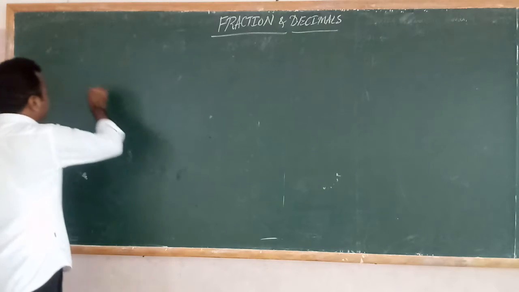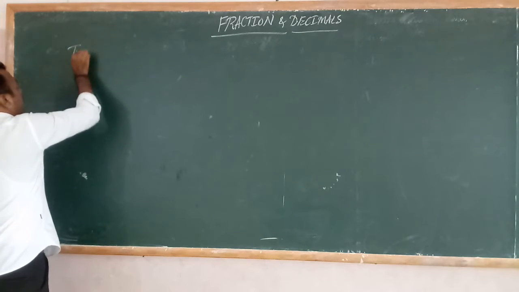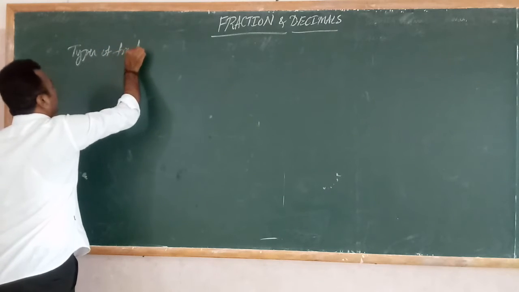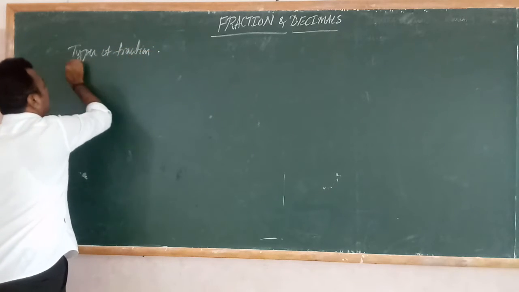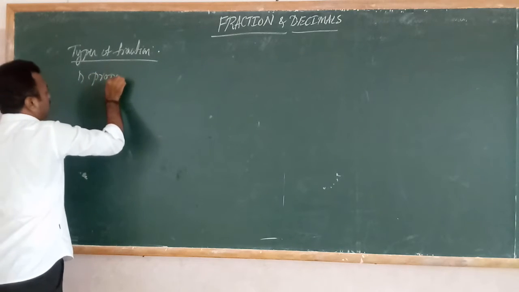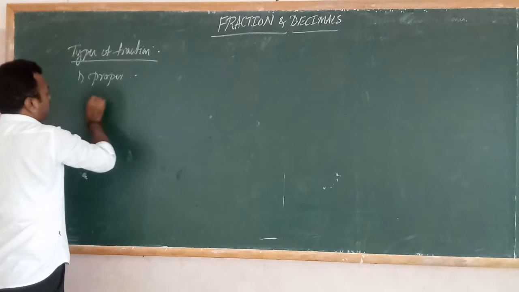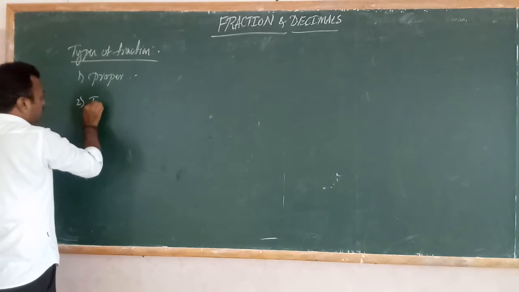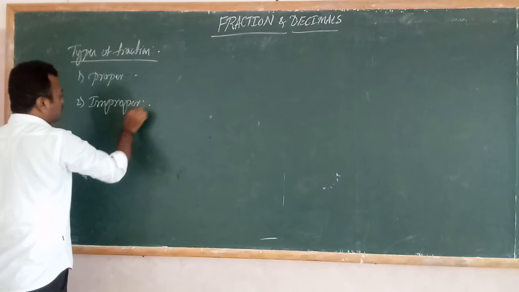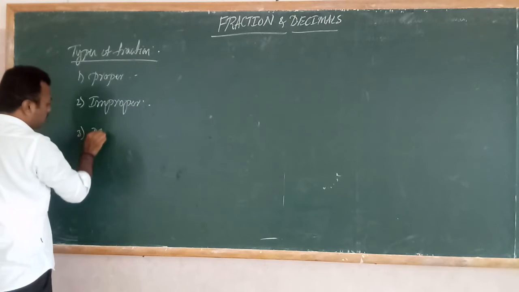See students, types of fractions. So the first one is called proper fraction. What is the meaning of proper fractions? Second one, improper fraction. And third one is mixed fraction.